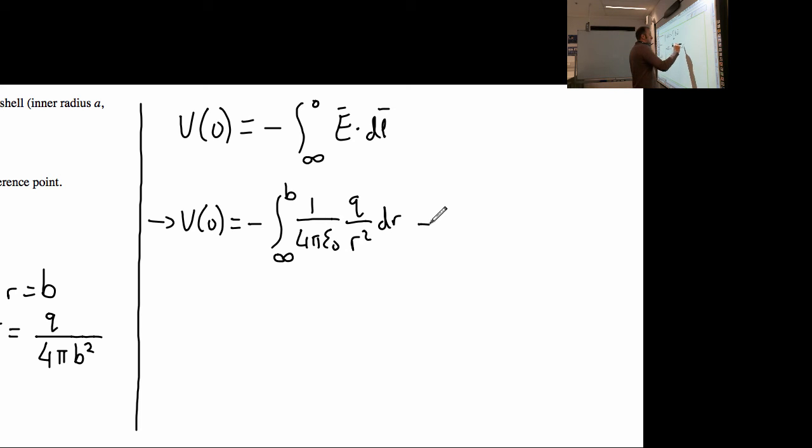minus the integral. Now we're going to go from b to a, so we go from the outer surface of the shell to the inner surface of the shell, and we're dealing with a conductor here. Now remember that the electric field inside a conductor is going to be equal to 0.